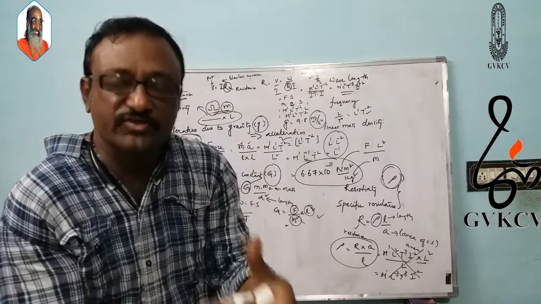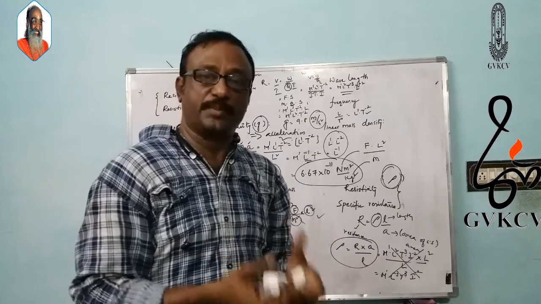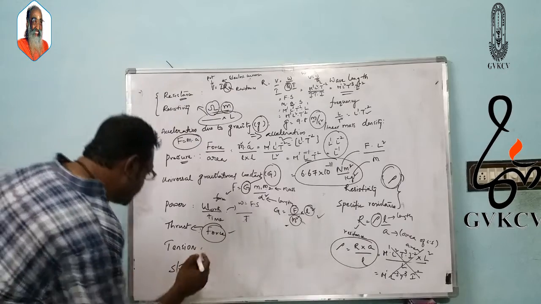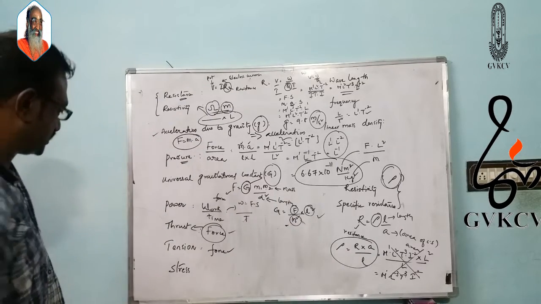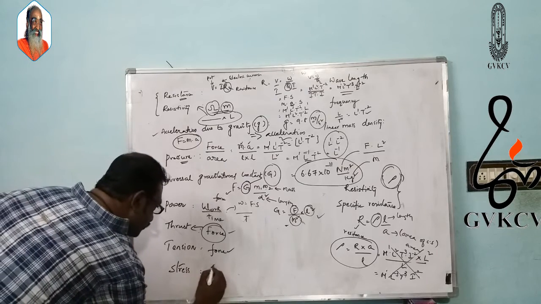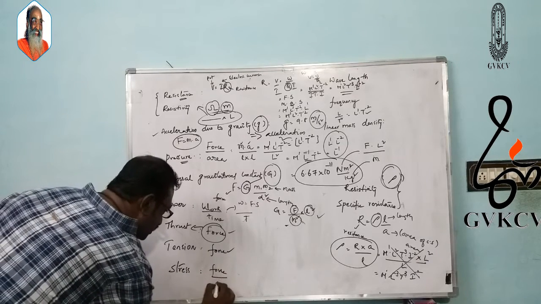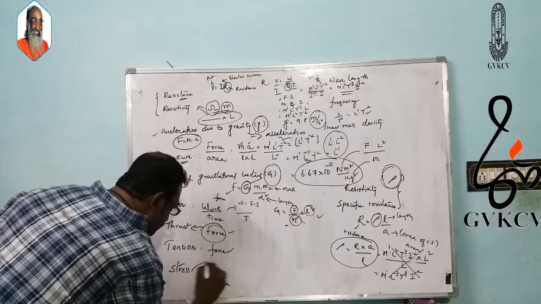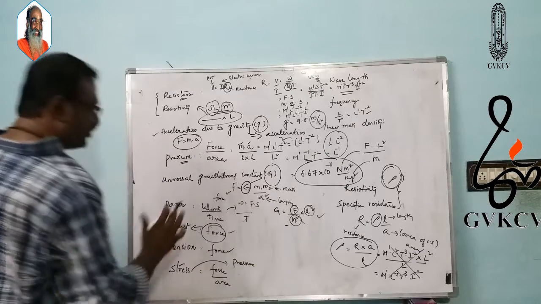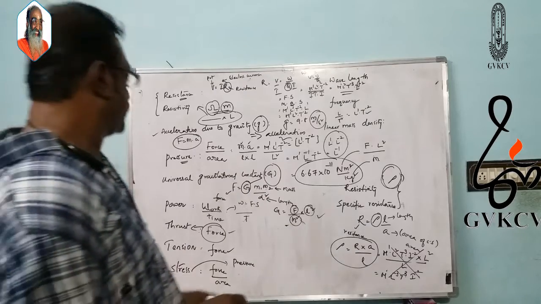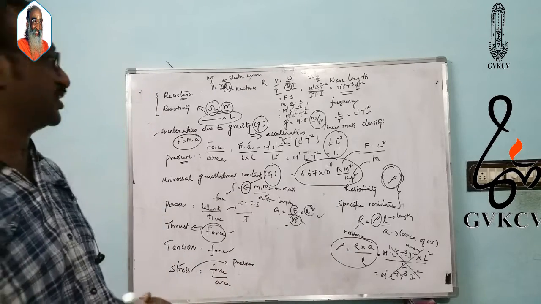That means it is a type of force. So tension is a force. What is stress? Stress is force by area. That means similar to the pressure. After knowing this formula, just don't leave it like that. Just go for practice for writing the dimensions.